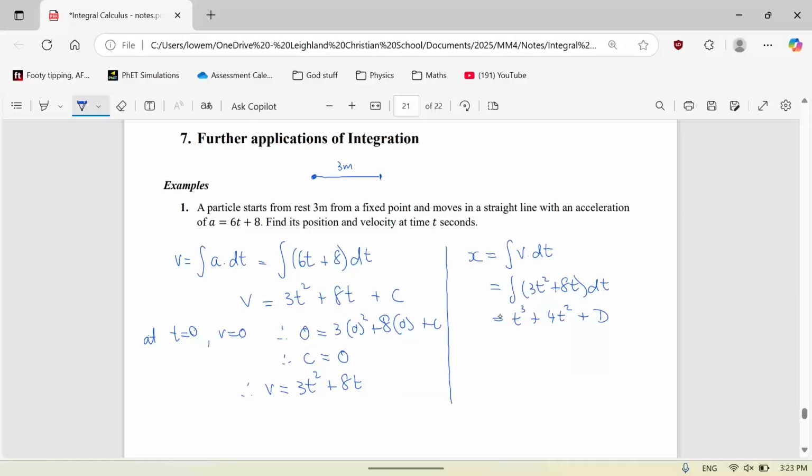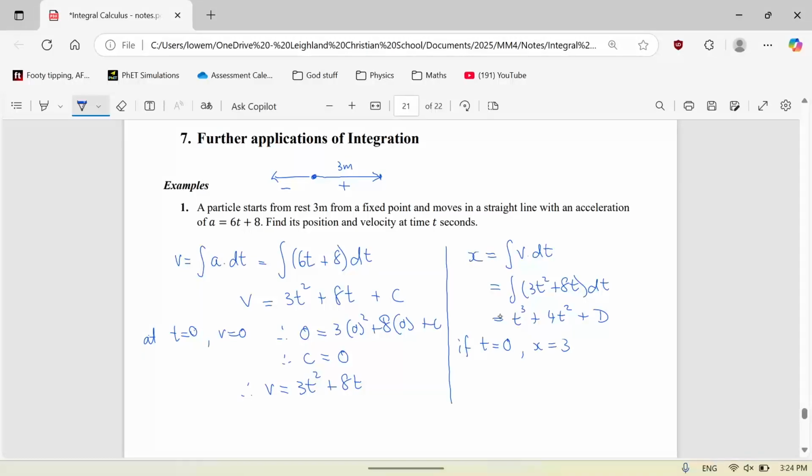Now we know it starts from rest at 3 meters. If we say this 3 meters over here is a positive value, let's make an assumption that that's the positive direction, whereas that would be the negative direction to the left. So at t equals 0, x equals positive 3.